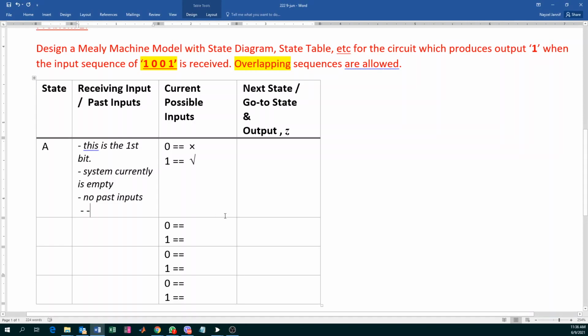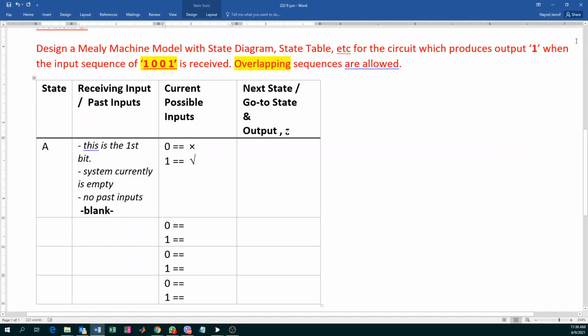All right, guys. Therefore, if you have a 0, you stay at the first state. If you have a 1, you move to the next state.